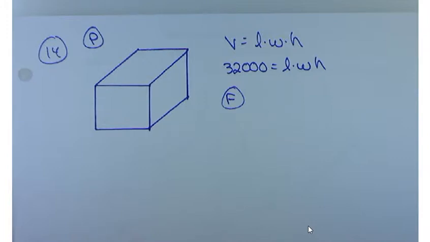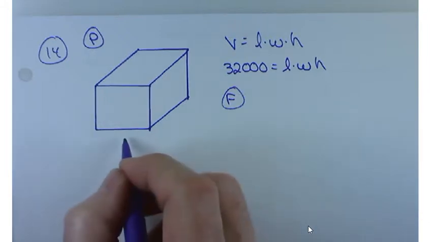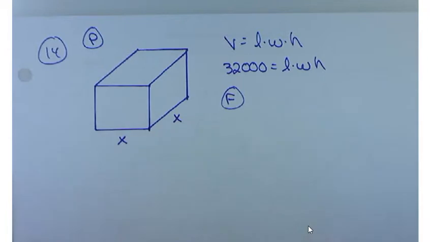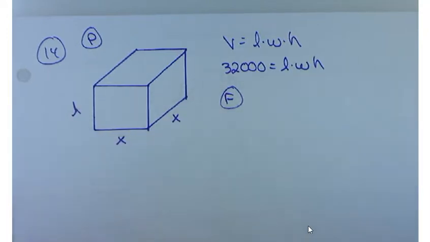It says it's a square box. So that means the bottom has to be X here, and it has to be X here. Now, the only thing we don't know is how tall it is. But it's got to be tall enough so that the total volume of this is 32,000 cubic centimeters.